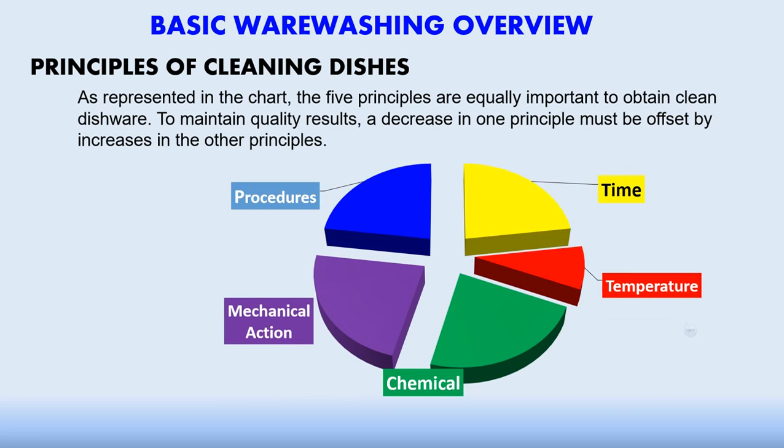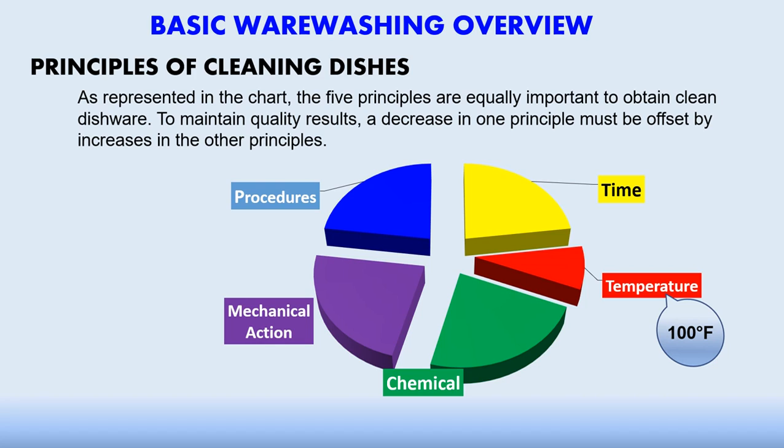If we decrease one of the pieces of pie, and in this one it shows that our temperature has fallen to 100 degrees, each of the other pieces of pie must be increased to overcome the deficiency of the temperature. So if we're looking at dish machines in this scenario, and our temperature is down to 100 degrees, we have to be able to increase one or more of the other principles to overcome this deficiency.